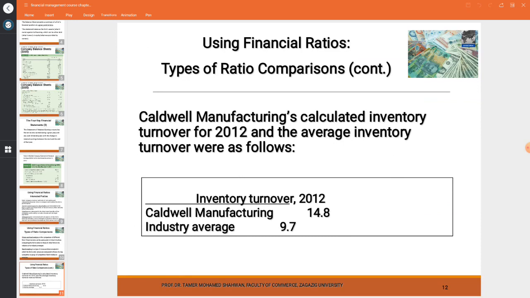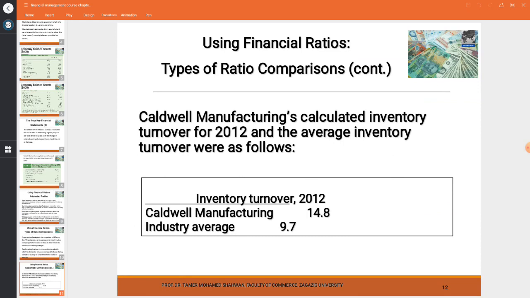Imagine this is an example of a cross-sectional analysis. For example, we calculated a specific ratio called inventory turnover. I would like to compare this ratio either with another firm working in the same area at a specific time, or with what we call an industry average.